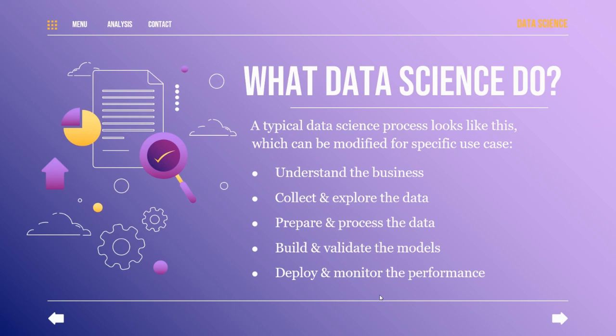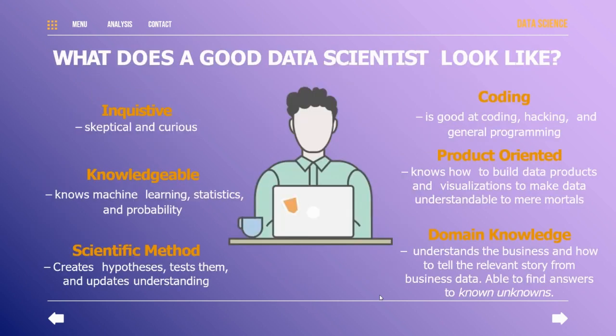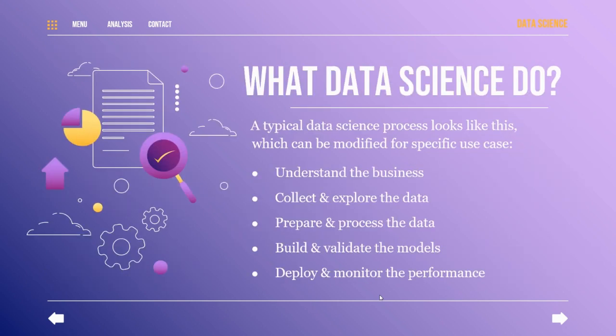Next, build and validate models. What is meant by build and validate models? A data scientist must work on building and validation of models, because he should explain the models to the administrator or his higher officials, how the data works in the society, and he should build the data science models so that it will create an impact on the society.